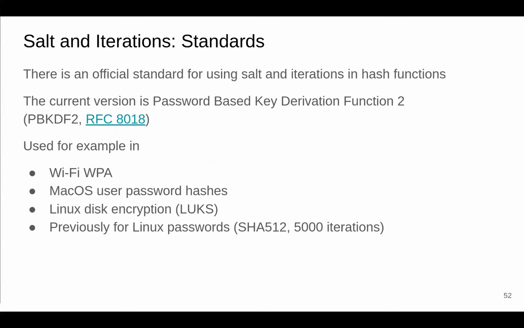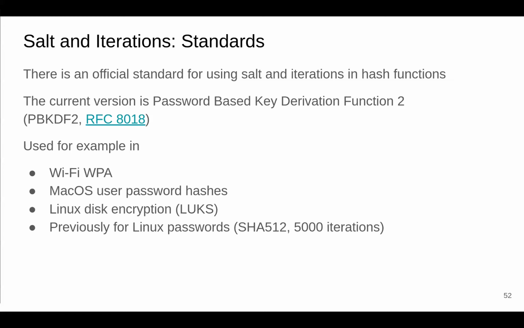Now, there are standards that define how many iterations you should do. There's official standards for salt and number of iterations. There's the password-based key derivation function 2 definition, which is defined in an RFC. That's used in Wi-Fi, Mac OS user passwords, Linux disk encryption, and previously for Linux passwords. And for Linux passwords, this was SHA-512 with 5,000 iterations, which was considered reasonable enough, right?